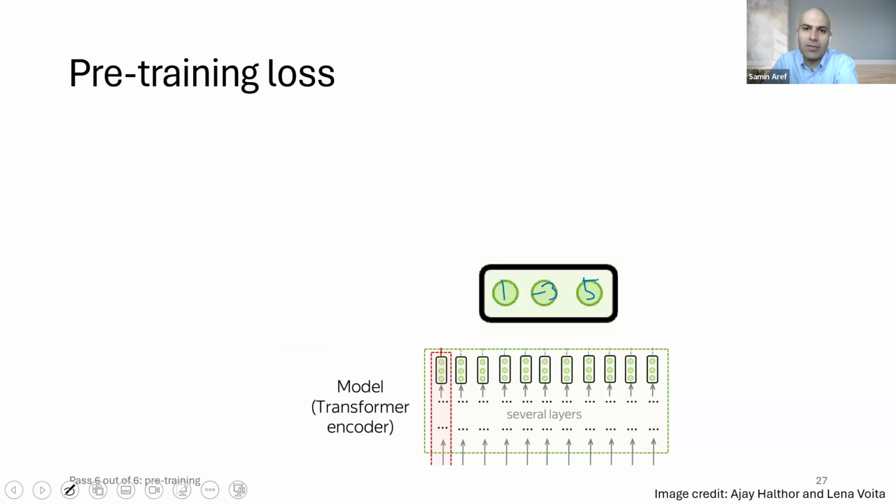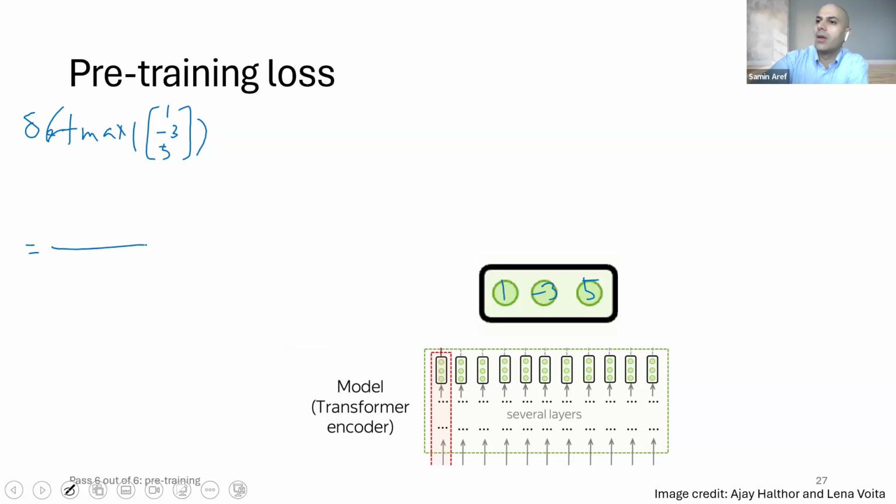That's the purpose of the softmax function. So when we apply softmax to this vector, the softmax of 1, -3, 5 becomes: e to the power of 1, e to the power of -3, e to the power of 5, divided by the sum of these 3.